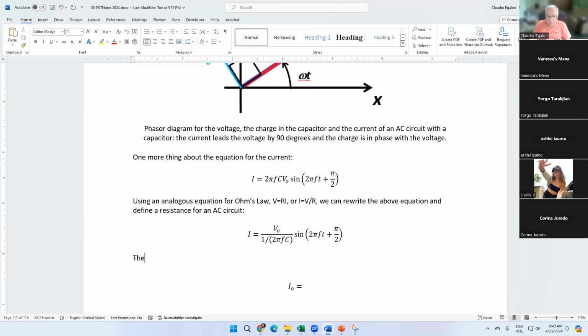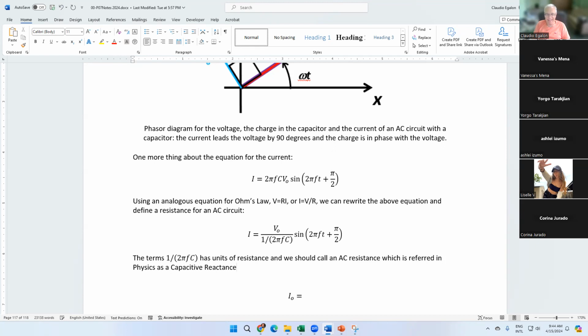The term 1 divided by 2 pi f C has units of resistance, and we should call it an AC resistance, which is referred to in physics as a capacitive reactance.